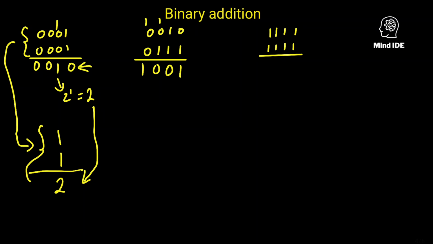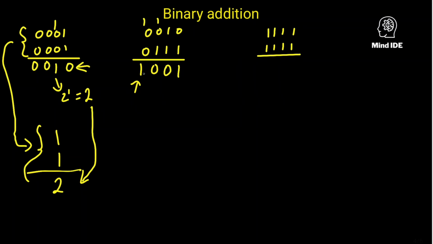So in this case, if we don't want to change the sign, we just need to put a 0 here. If this was signed binary and you have a 1 in this spot, that means negative.